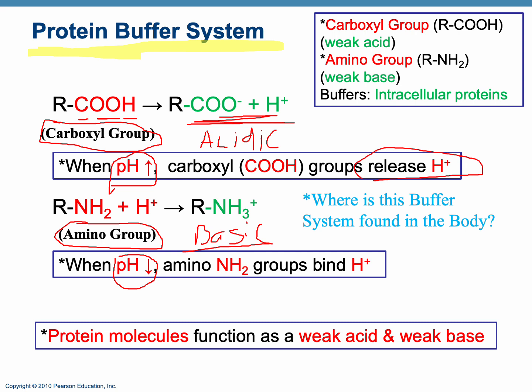The effect of the amino group is that it will go ahead and it will receive a hydrogen ion. So the amino group contains a nitrogen, 2 hydrogens, and ultimately then, if the pH is falling, the amino group will pick up an additional hydrogen ion. So now we have NH3+. The effect here is that we get the pH to increase to get back to a normal level.